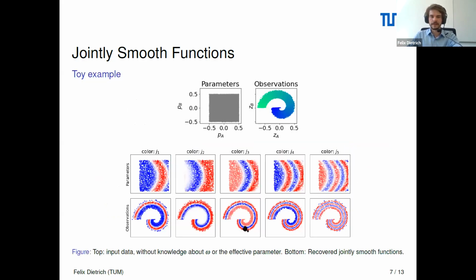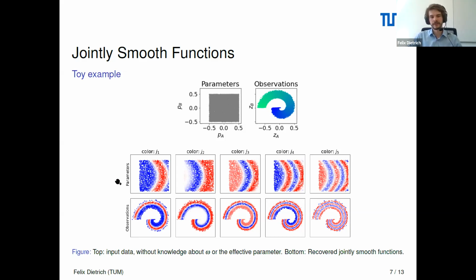And if we actually apply this algorithm now to our toy example first, so with input Pi and Zi for all these points, you can see that there's a nice increasingly oscillatory set of smooth functions here that are both smooth on the parameter space here and also on the observation space down here.